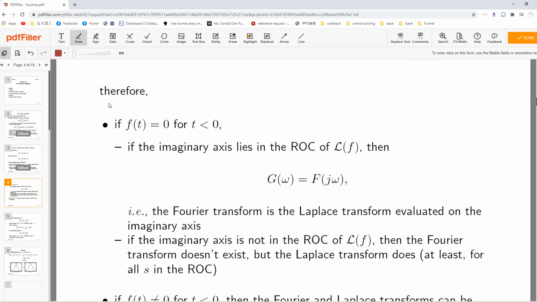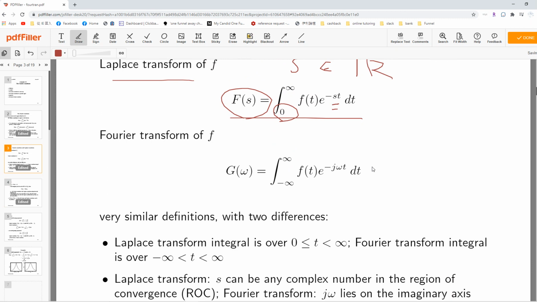Okay, and in a special case, if f of t is 0 for t less than 0, that means you can replace your Fourier transform integral from 0 to infinity, because you assume that f of t is 0 when t is less than 0.